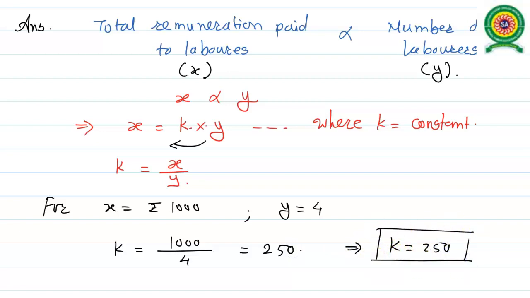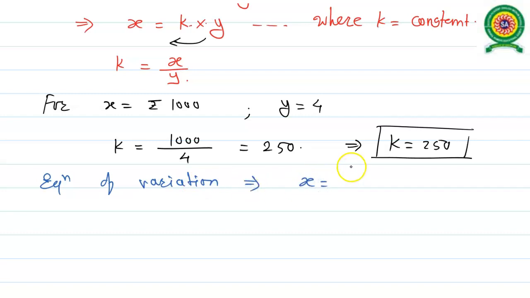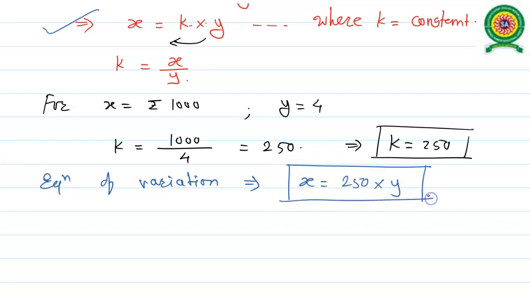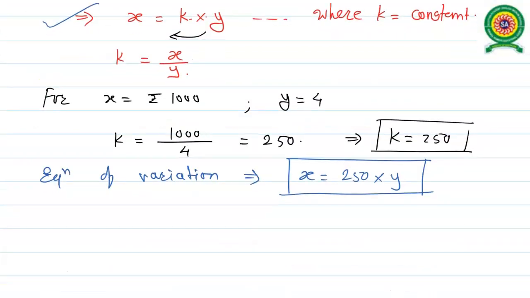Now we can write the equation of variation first. The equation of variation is of the form x is equal to k into y, where the k value is 250. So the equation of variation is x is equal to 250 into y. Now, for the number of laborers 17, we have to find their remuneration.